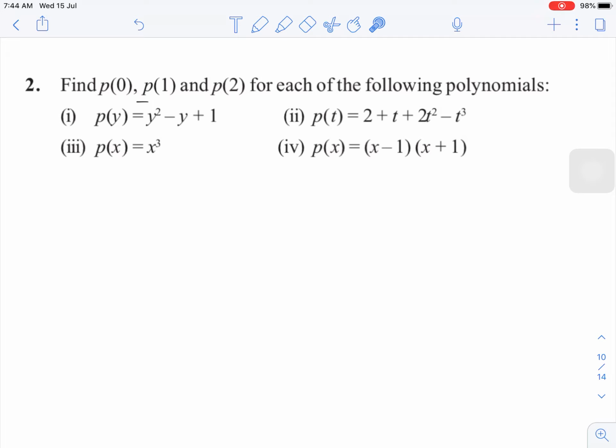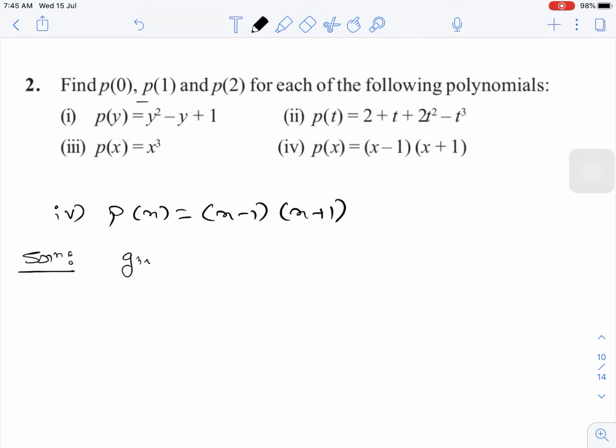So I am considering this polynomial, example number 4. We have p of x equals (x minus 1)(x plus 1). Now in this example the polynomial is given in terms of factors, so we have to convert it into an expression or a polynomial.